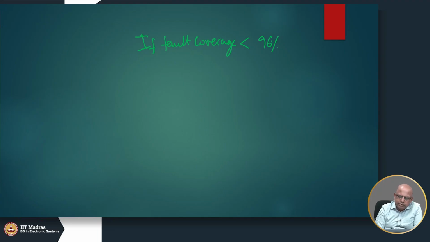So, you can run the controllability analysis, you can run observability analysis and find that, oh, there are some nodes which are very poorly controllable or very poorly observable, then see whether we can add test points. Okay, adding test points may improve the coverage.